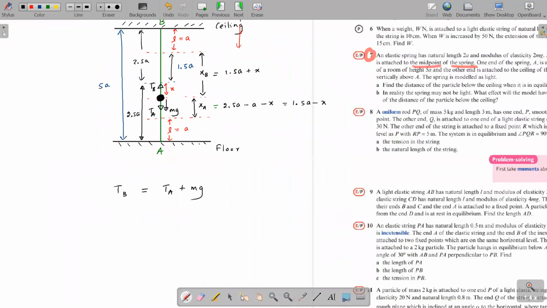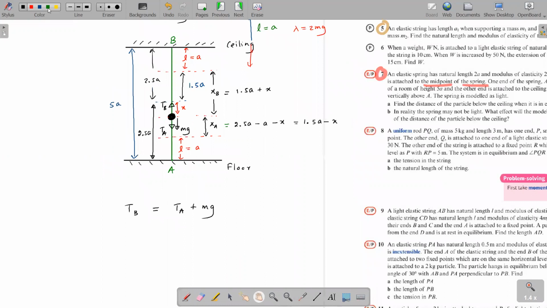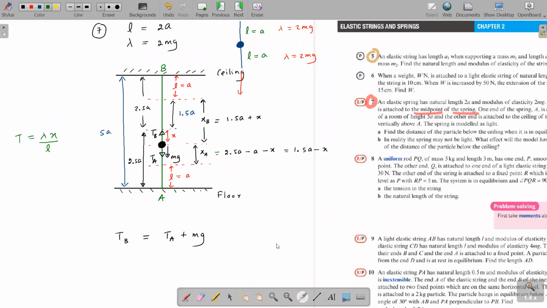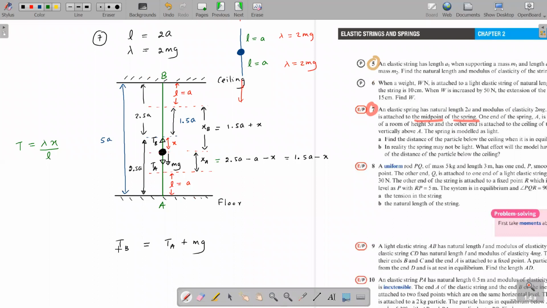Let's apply it. Tension B is what? You know, by Hooke's law, tension is always lambda x over L. So this is the place where it's advantageous. Now I have got my extensions for spring A and spring B. So tension B is how much? Lambda. The lambda value we already know.